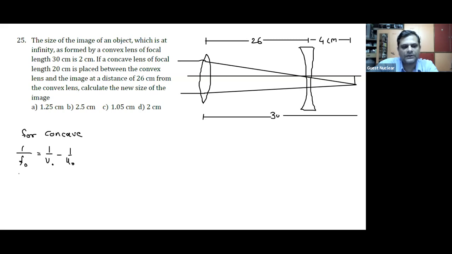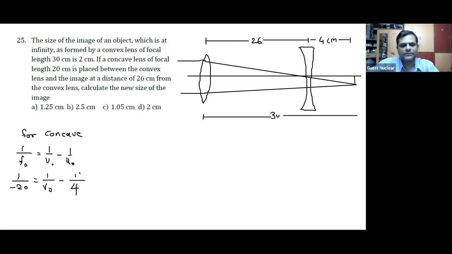Okay, focal length of concave lens is given to be 20 centimeter, but don't forget that it should be taken as negative. So this is minus 20 here and that is equal to 1/vo, which is to be found out, minus 1/uo. अभी देखो अगर कॉन्केव लेंस के लिए अगर देखते हो तो ऑब्जेक्ट इज एट द राइट साइड, so its object distance has to be taken as positive and it is 4 actually, so therefore we can just put it 4 here. तो यहाँ पे 4 डाल दिया.